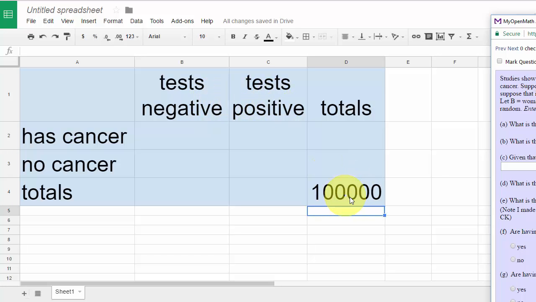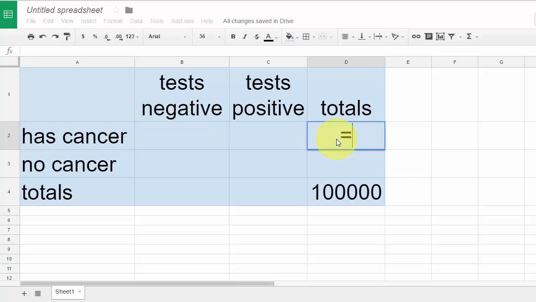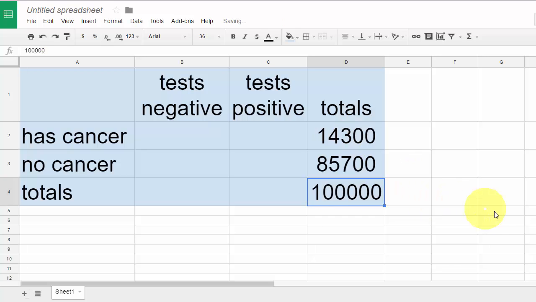So out of the 100,000 women, 14.3% of them actually have cancer. So we can let the computer compute this. So 14,300 of them will have it. That means the other 85 or so thousand women won't.